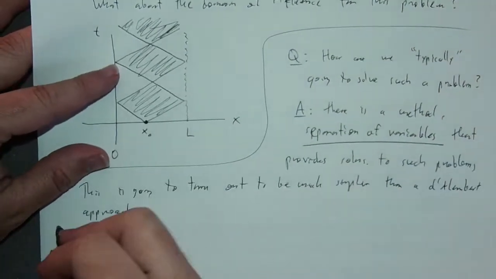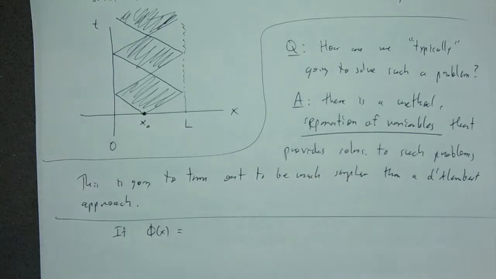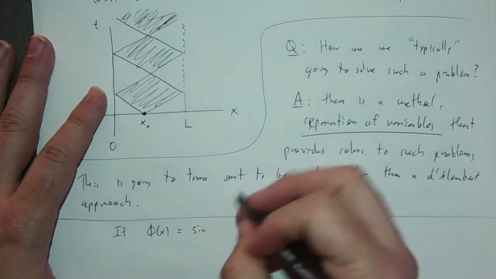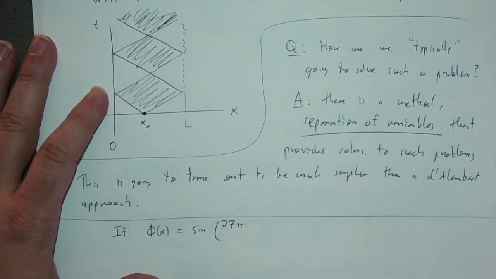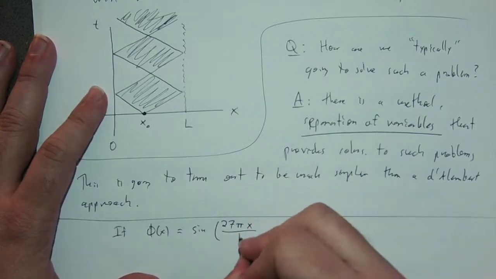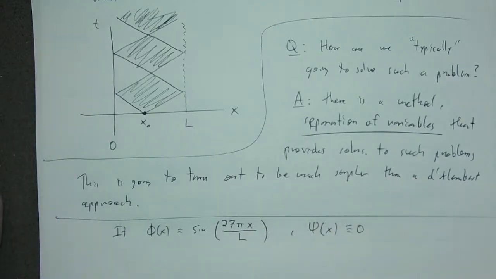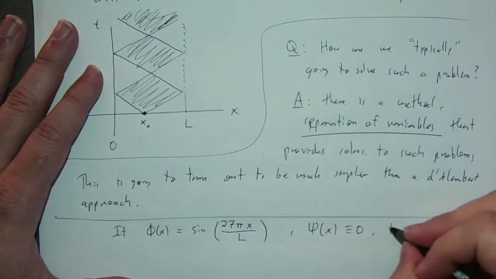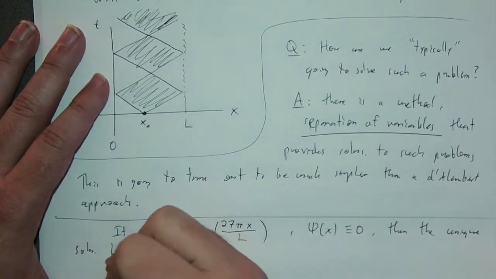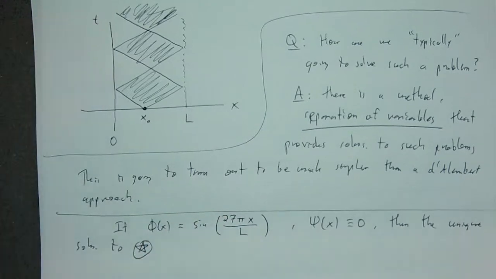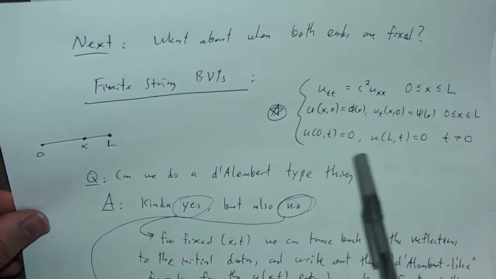So in fact, if we say phi of x is equal to sine of, we'll say 27 pi x over L, and c of x is identically equal to 0, then the unique solution to star, which is this finite string boundary value problem.